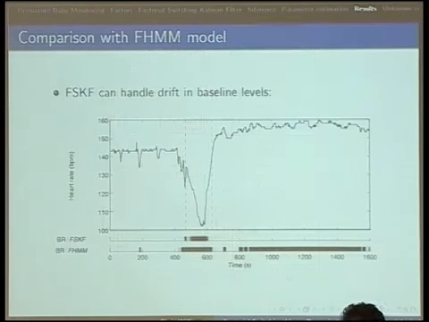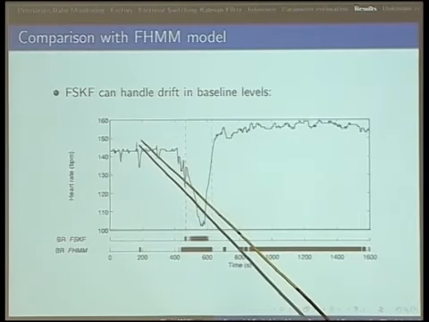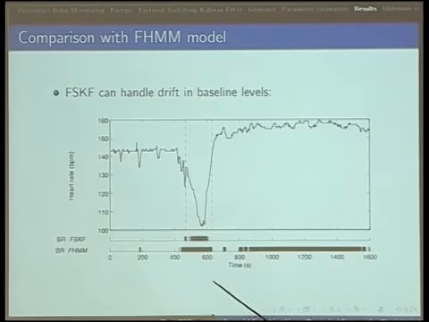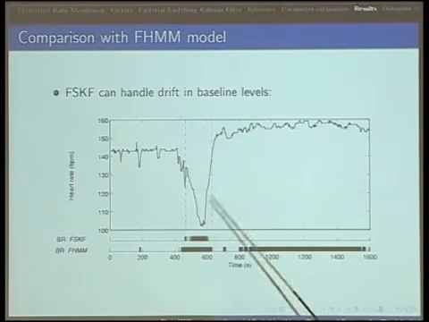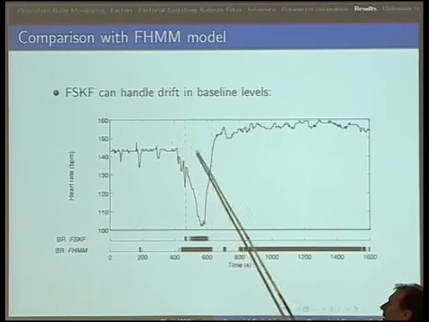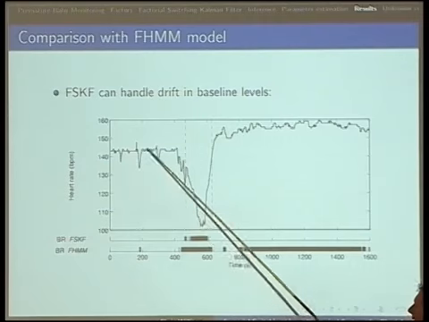An example of that is the factorial switching Kalman filter. As we said, the model for normality can allow for drifts, so we could be happily going along at some heart rate. If we'd built something like a hidden Markov model, it says, okay, when things are normal, I expect to see a heart rate of about this.